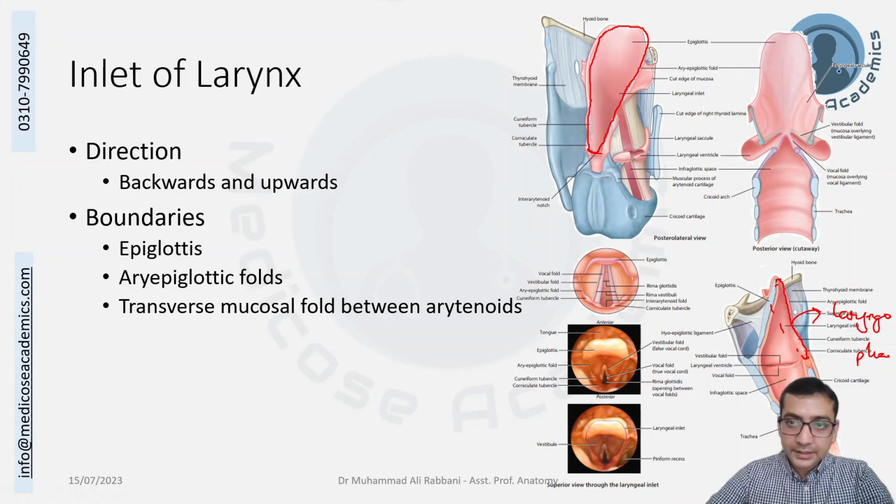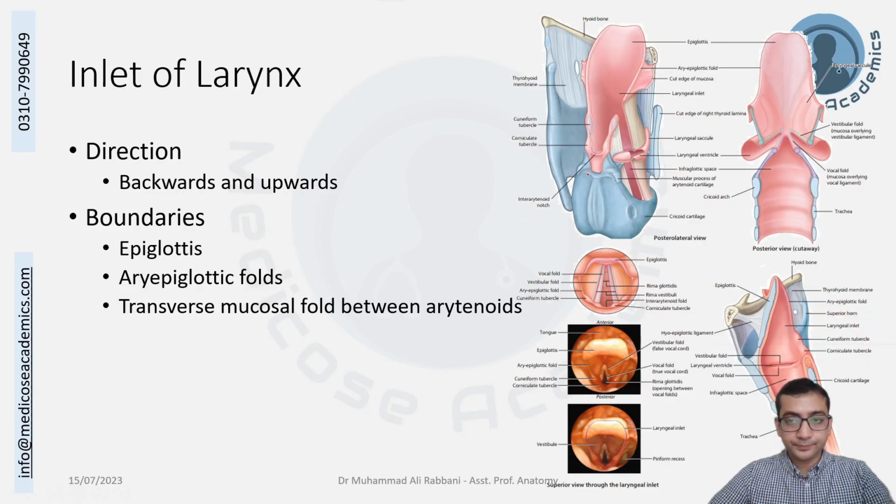Anteriorly, it is made up of the epiglottis, on the sides the aryepiglottic fold, and on the back there is a fold running between the two arytenoid cartilages, known as the transverse fold between arytenoids. So this is the inlet of the larynx.